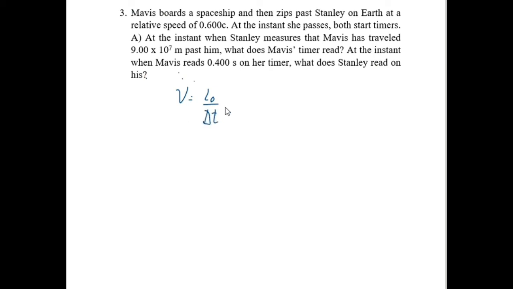So we are looking for delta t. Delta t is equivalent to the L naught, which is 9 times 10 to the 7th meters, divided by yung kanyang velocity, which is 0.6 times c, which is 3 times 10 to the 8. So, ano yung delta t?